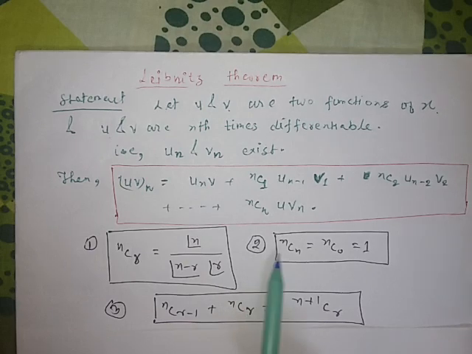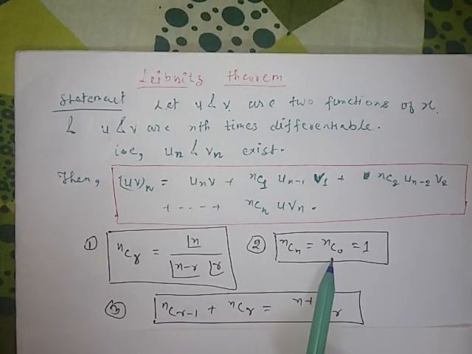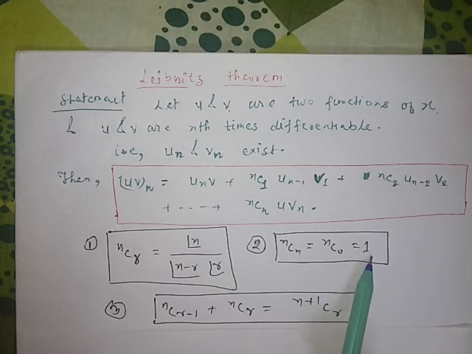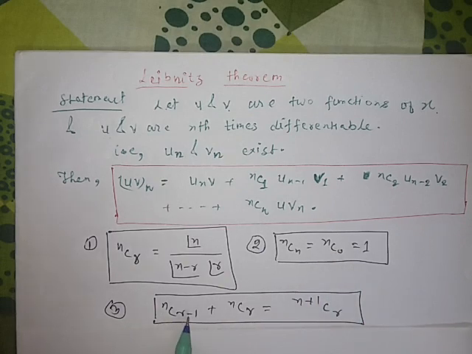The second formula is that nCn and nC0 both are equal to 1. And the third formula is that nC(r-1) plus nCr is equal to (n+1)Cr. So we have to remember these formulas.